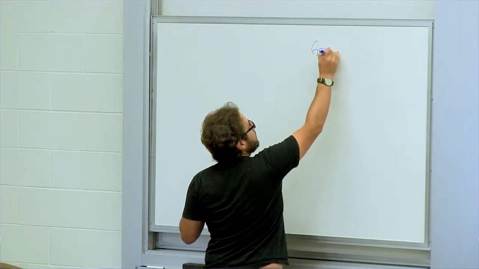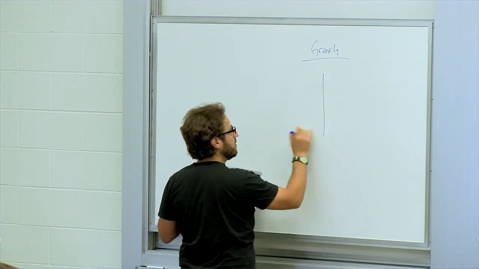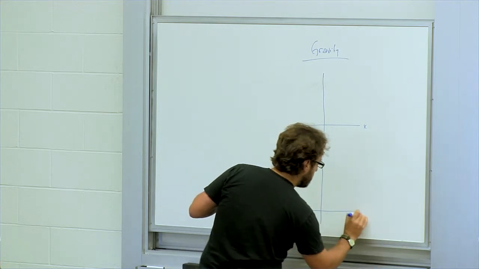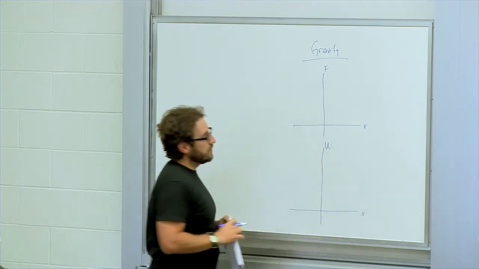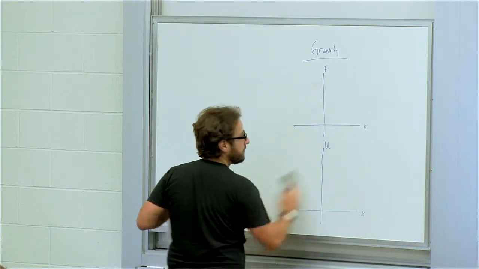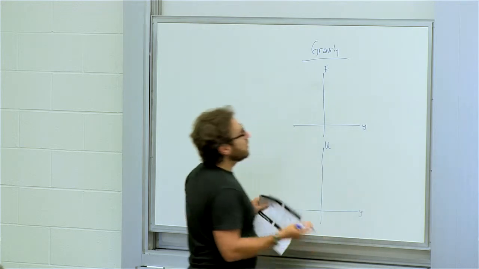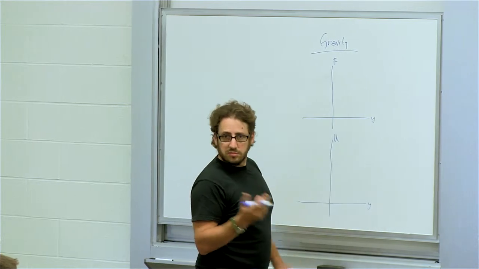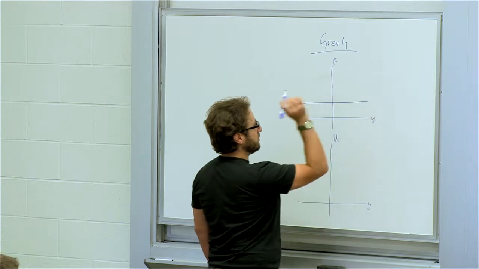In the case of gravity, this is the force, and this is the potential. I guess this should be y. What is the force of gravity as a function of y, as a function of height? Yeah, it's basically constant. Assuming you're close to the surface of the Earth, it's just constant.